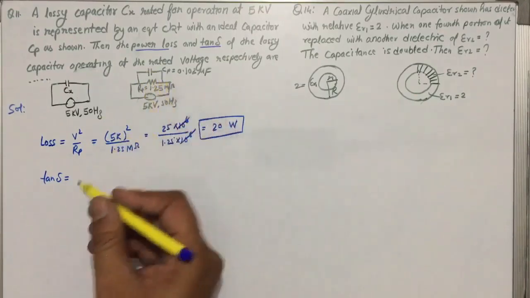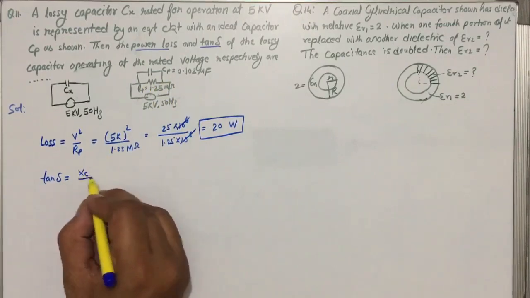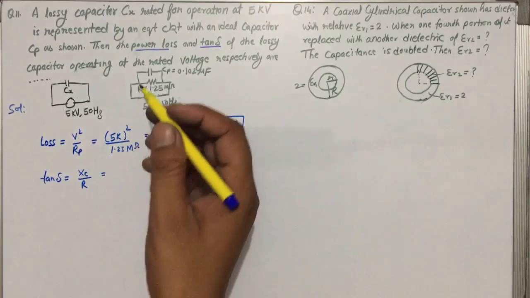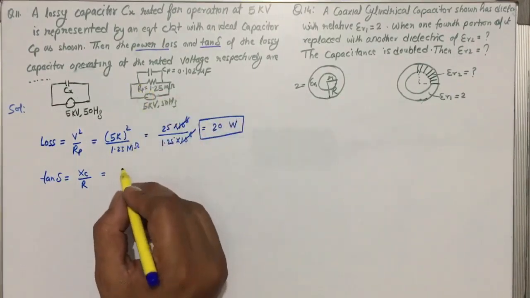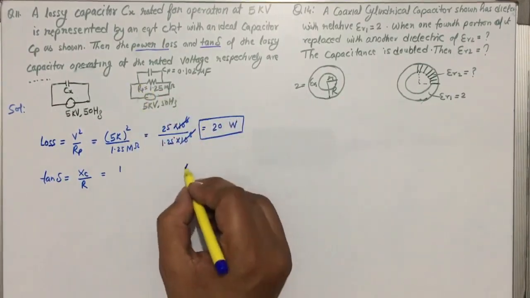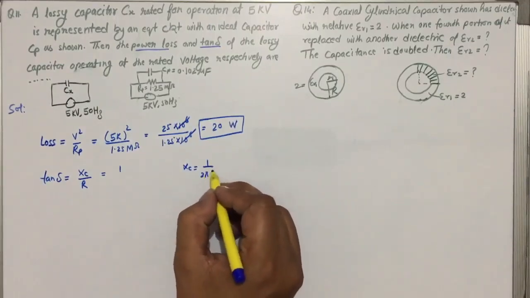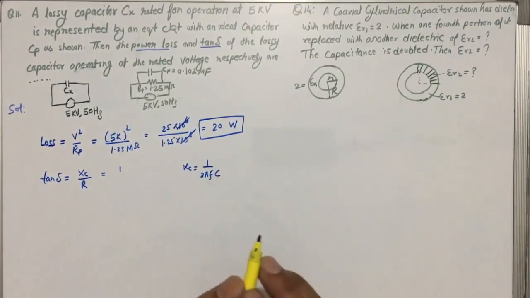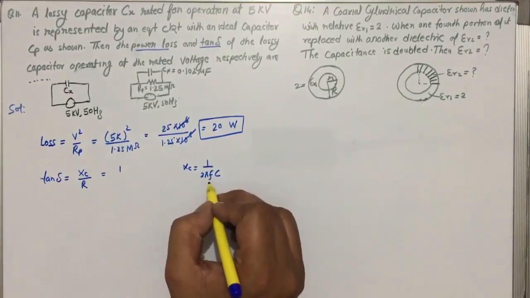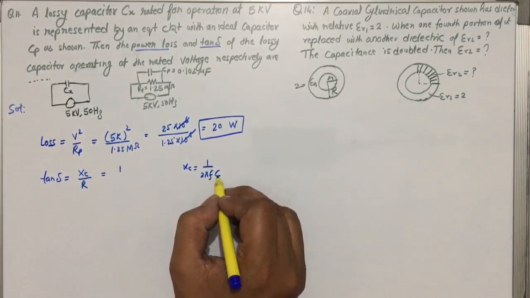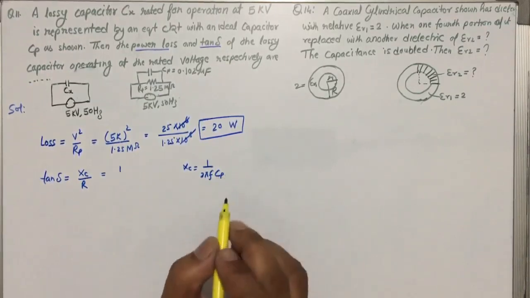XR means just R. So XC by R is tan delta, and XC is 1 by 2 pi f C, where f is the frequency of operation and C is just Cp.